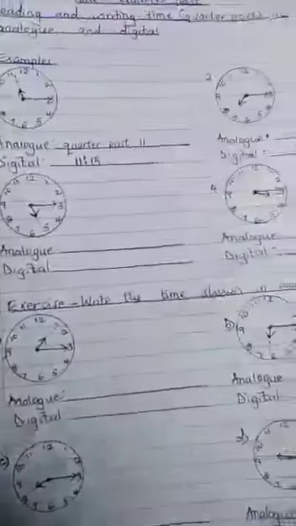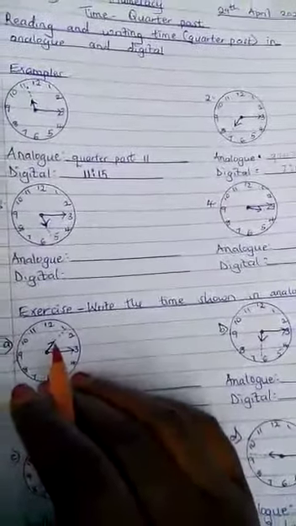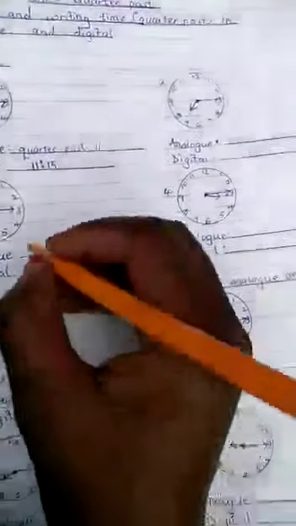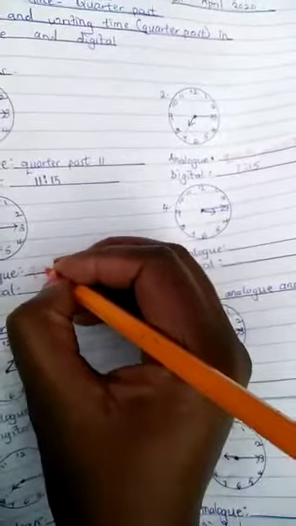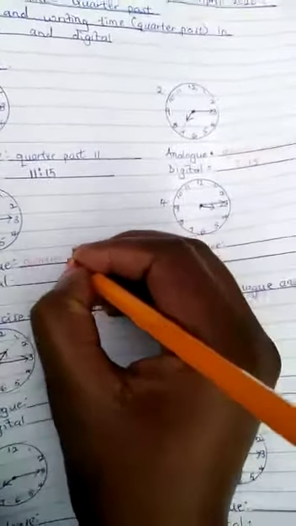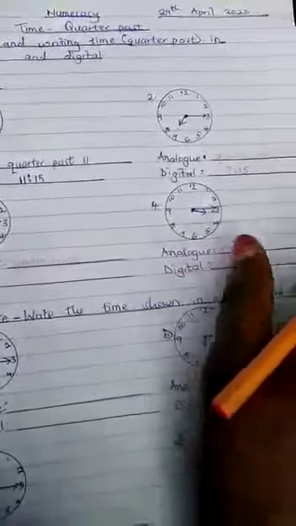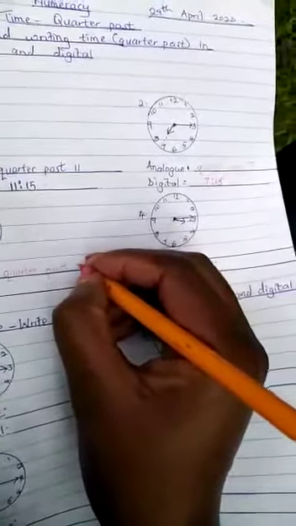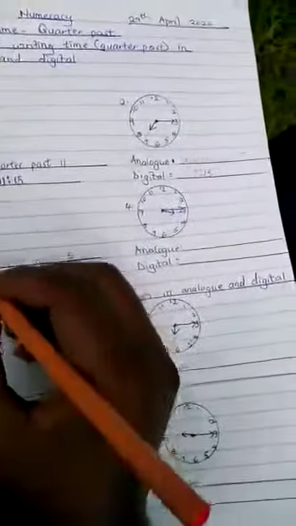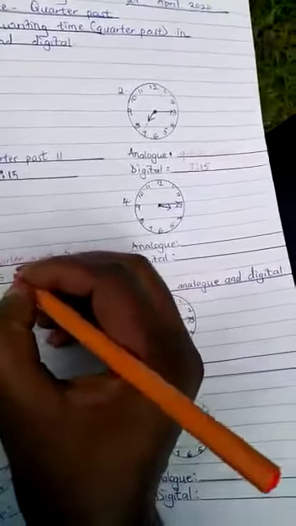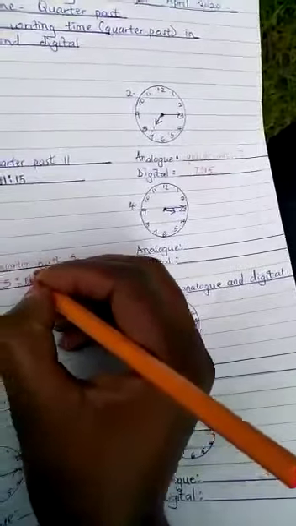The third example, short hand just after 5, so the time will be quarter past 5. And in digital, it will be 5:15.